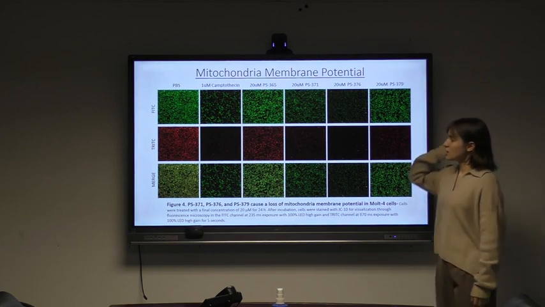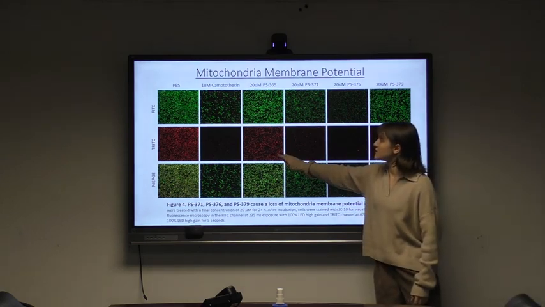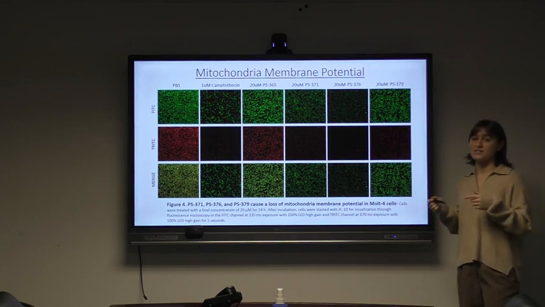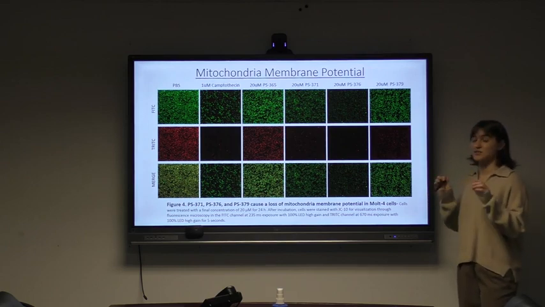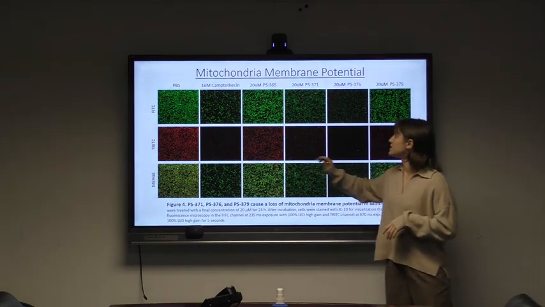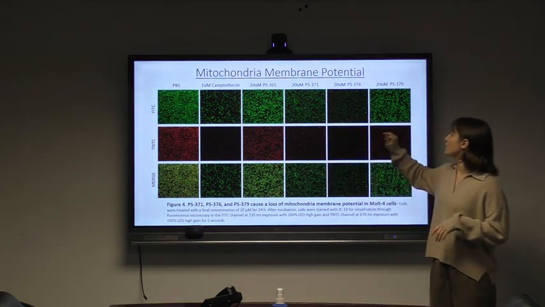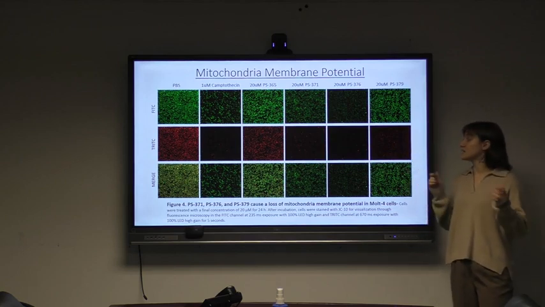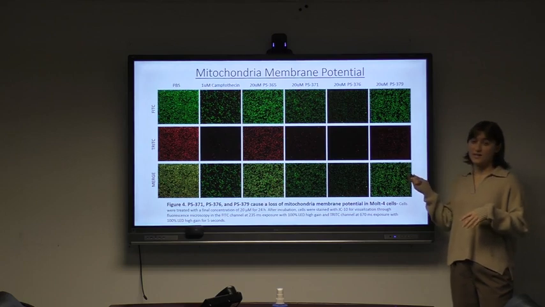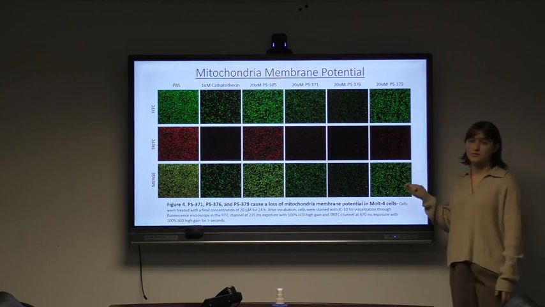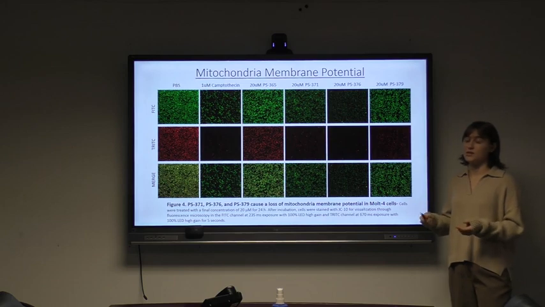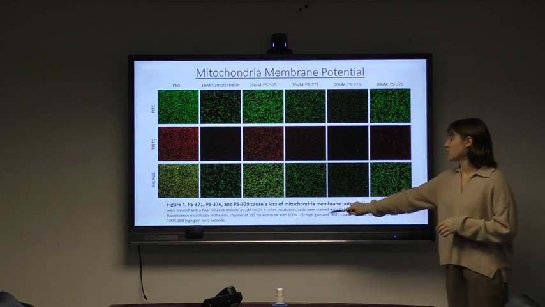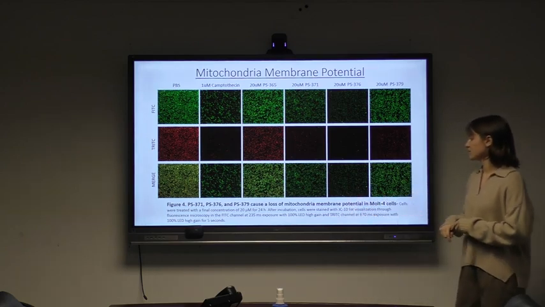So in PS365 and PBS, you see a high fluorescence of red, meaning that aggregated JC-10 was able to go in there and the cells are healthy. While in camptothecin, PS371, 376, and 379, you see a decrease in that red of JC-10, indicating that they are undergoing apoptosis, as mitochondrial dysregulation is suggested to induce apoptosis. This was also shown in MOLT4 cells.